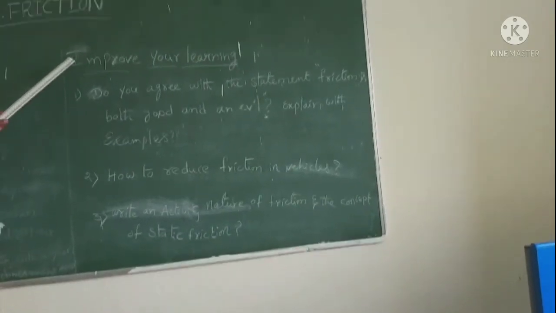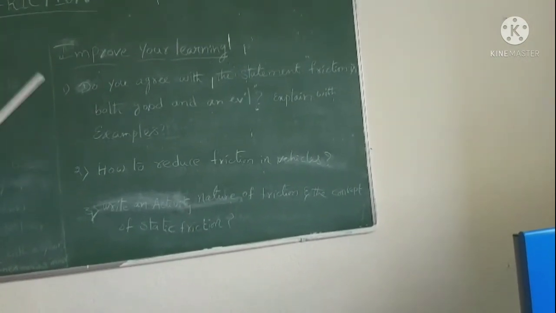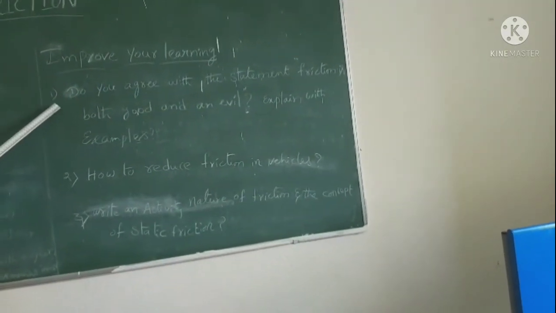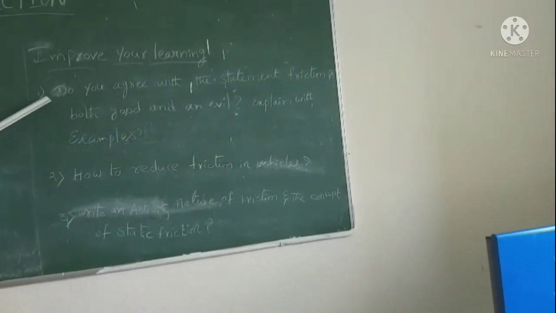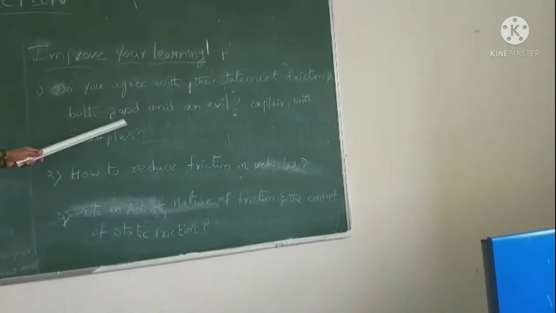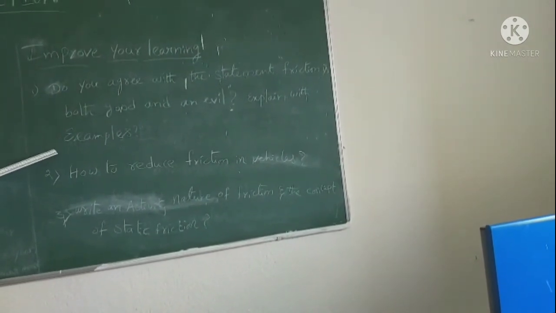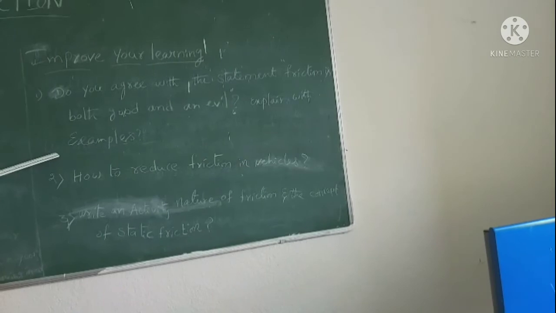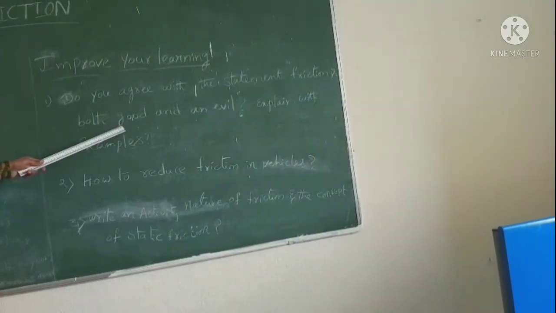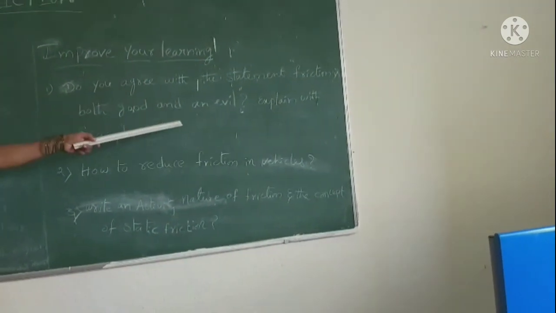Children, in this friction chapter, there are very important questions. Improve your learning. First, write down, children: Do you agree with the statement friction is both good and an evil? Explain with examples. Very important. Friction is also good in our life, and also evil.